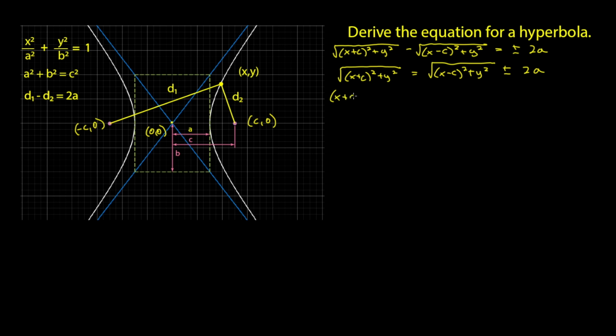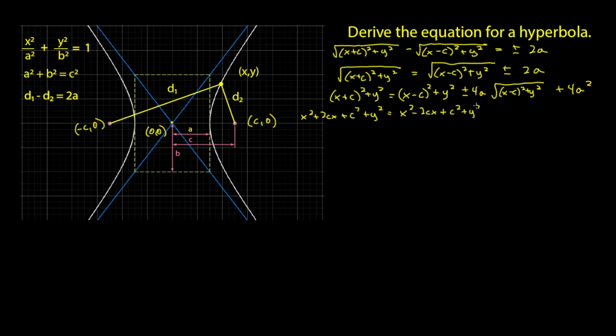We could FOIL things out as they appear, but let's do one step at a time. So x plus c squared plus y squared equals x minus c squared plus y squared plus or minus 4a square root of x minus c squared plus y squared plus 4a squared. Foiling on this side and that side, we get x squared plus 2cx plus c squared plus y squared equals x squared minus 2cx plus c squared plus y squared plus or minus 4a square root of x minus c squared plus y squared plus 4a squared.